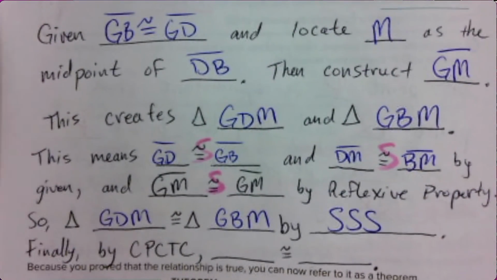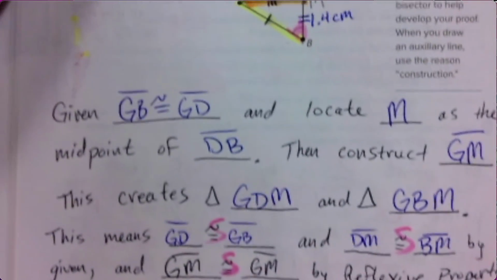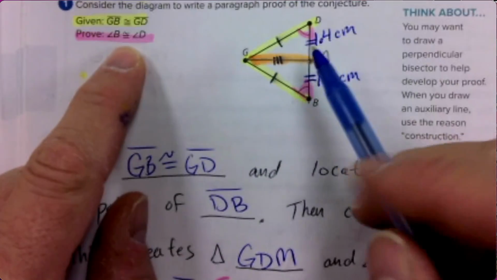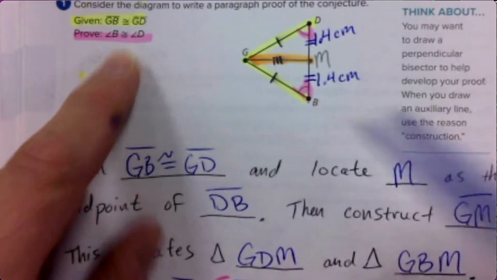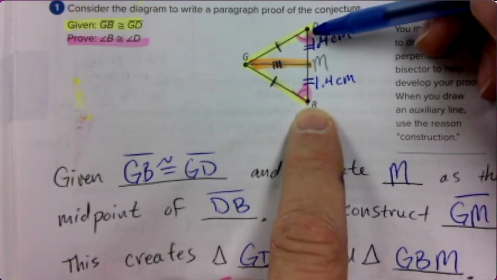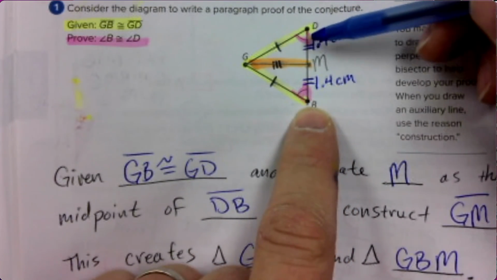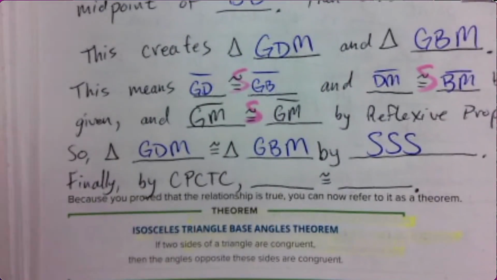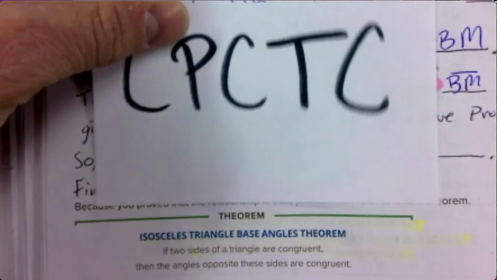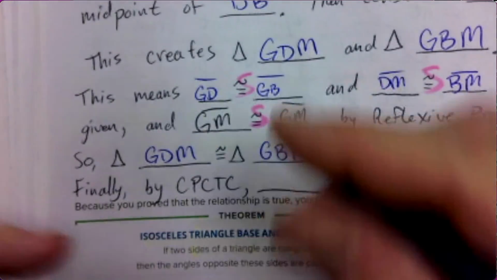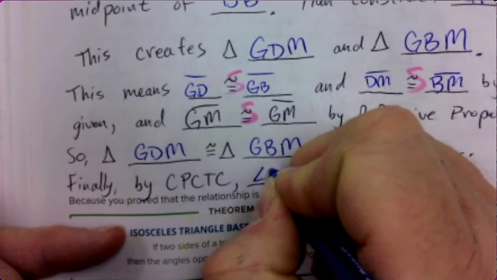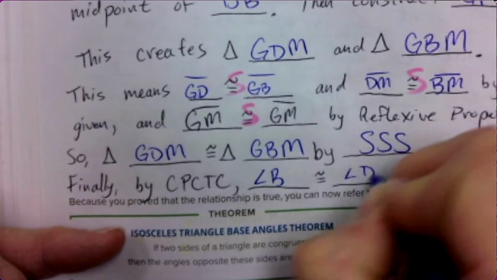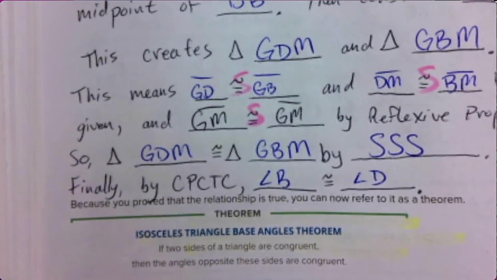Finally, by CPCTC, the thing that we're trying to prove is that if the top triangle and the bottom triangle are the same, then any other pieces in the triangle are the same, like these two angles. So the thing that we needed to prove by CPCTC is that angle B is congruent to angle D. That's what we needed to prove.